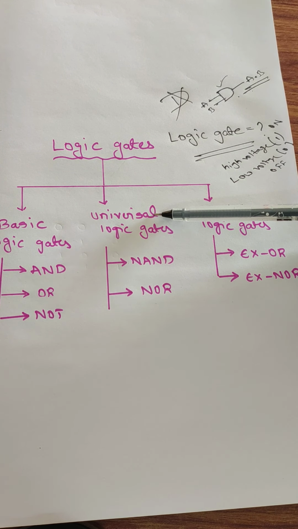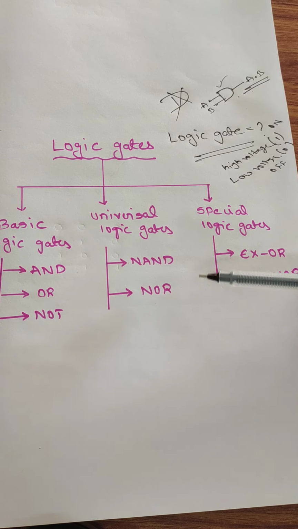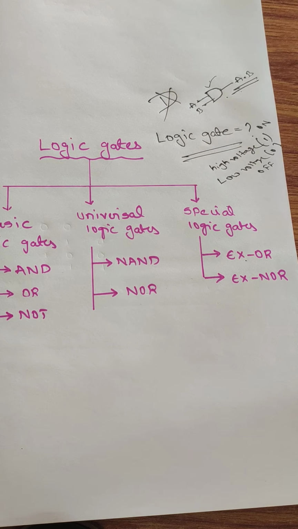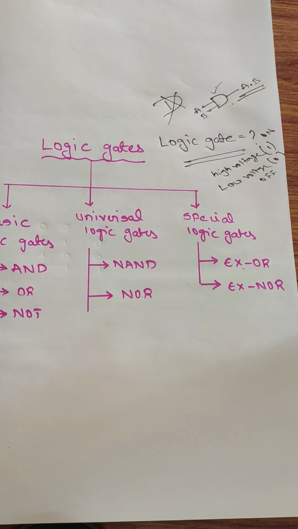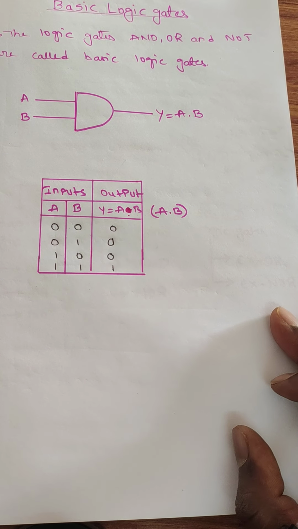The universal logic gates are classified into NAND gate and NOR gate, and the special logic gates are classified into two types, XOR gate and XNOR gate. So in this video, we will see basic logic gates, starting with the AND gate.